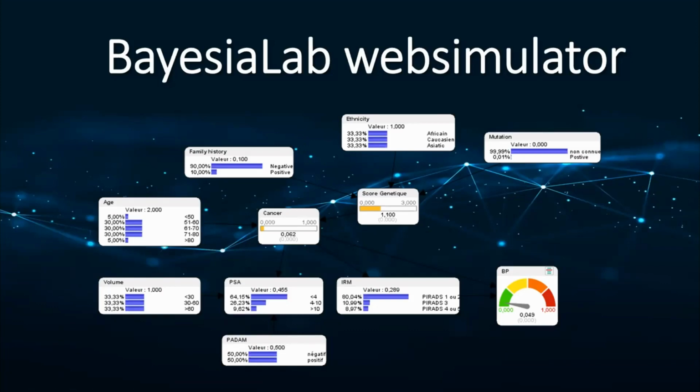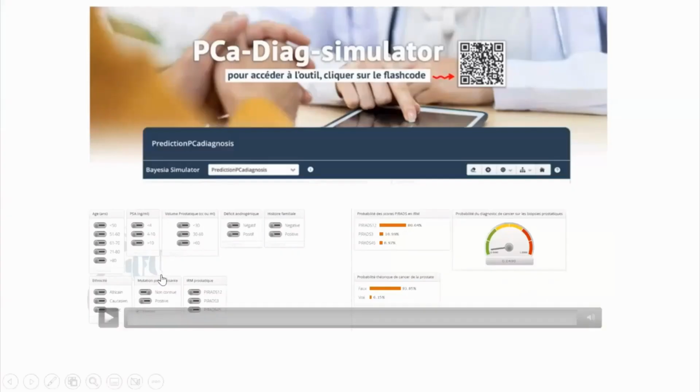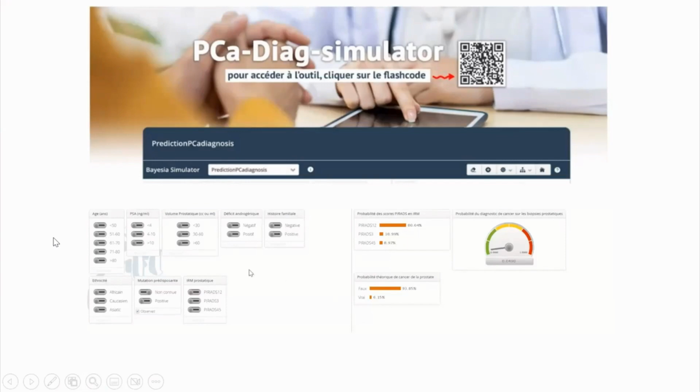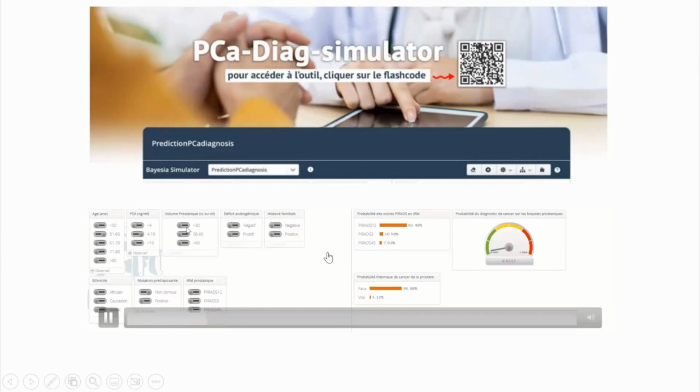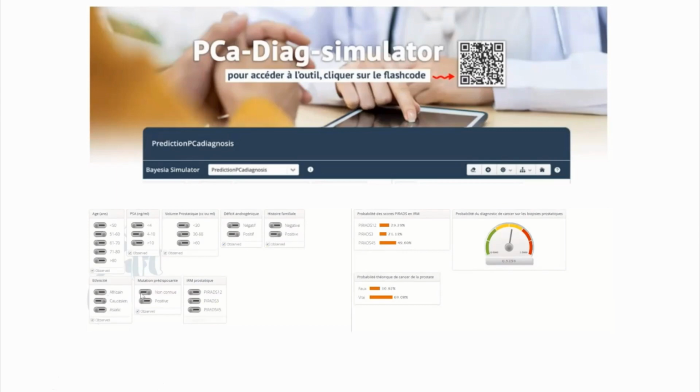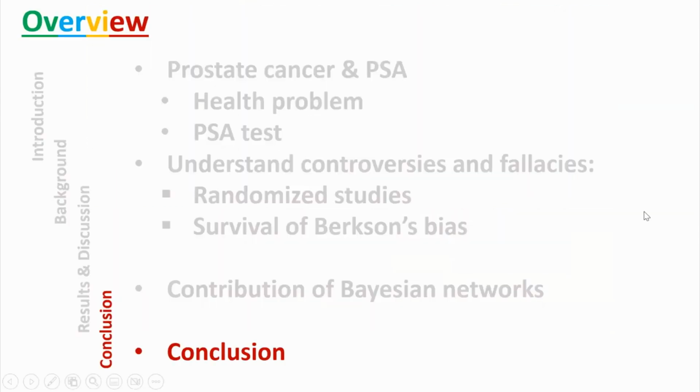And from that, we have also introduced surrogate endpoints, such as the result of magnetic resonance imaging. And in this model you can choose different factors in order to predict magnetic resonance imaging if you perform it, but also the risk to develop prostate cancer, to have the diagnosis of a prostate cancer on a biopsy.